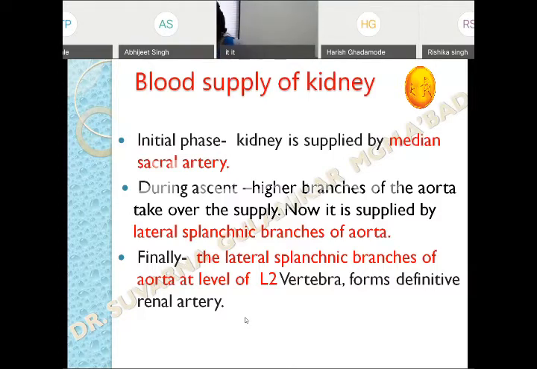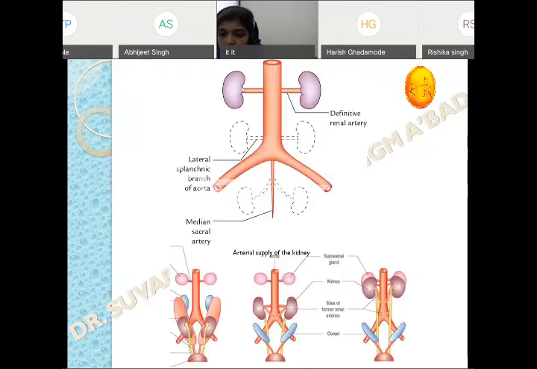So these are the different arteries which supply the kidney. The definitive renal artery is formed by the lateral splanchnic branch of the aorta at the level of L2, which ultimately forms the renal artery. So it is very nicely shown in this figure.